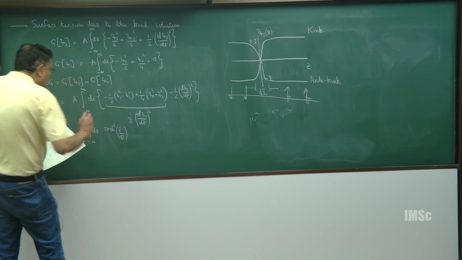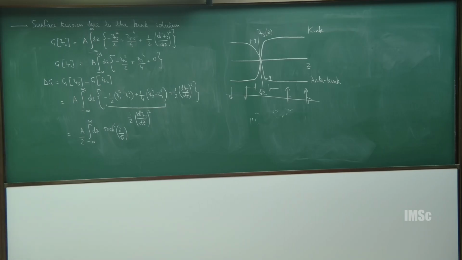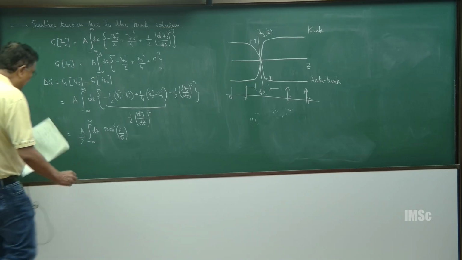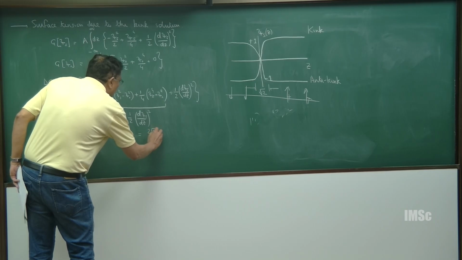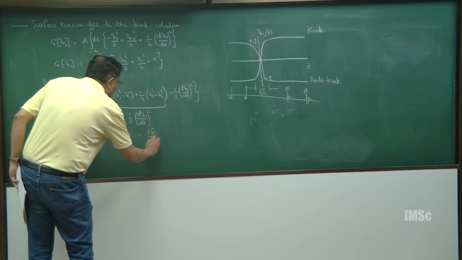If you do the derivatives and take the squares, wherever I skip a line of algebra, just do it yourself. Okay. So, basically, the surplus of energy is 2 root 2 by 3.